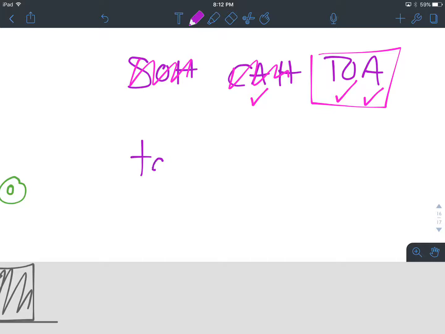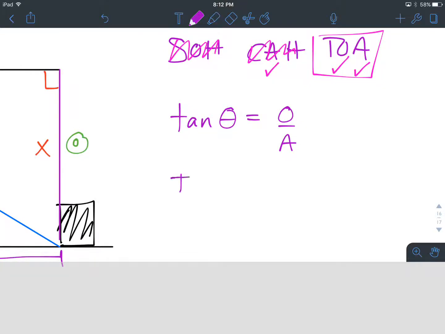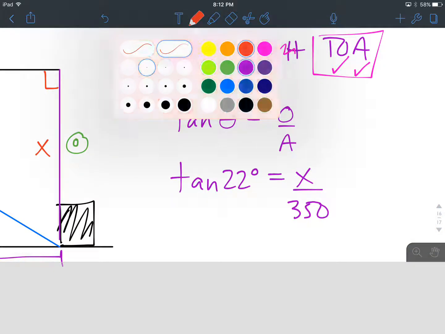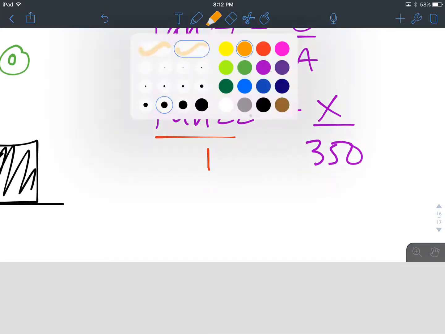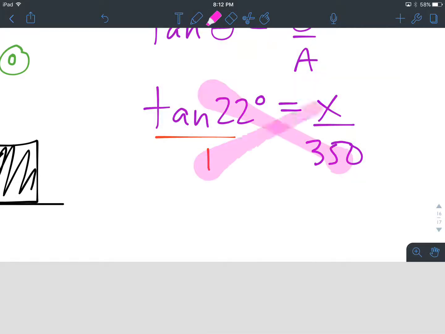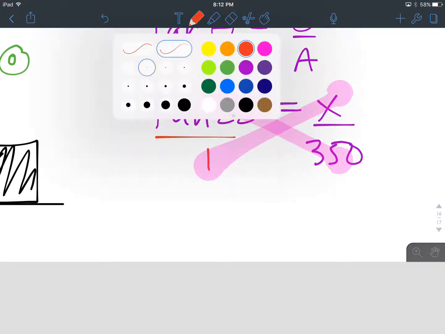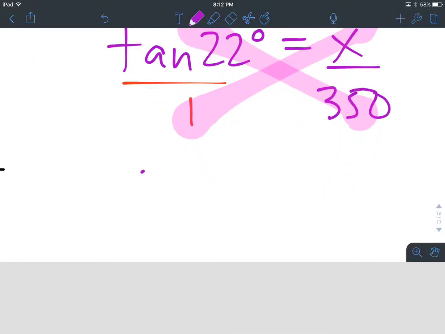So the tangent of angle theta is equal to the opposite over the adjacent. The tan of 22 degrees is equal to our opposite, which we don't know, over our adjacent, which is 350. And like a regular trig ratio, let's go solve this. Put it over 1. We're going to cross multiply here. So we've got x equal to tan of 22 degrees times 350.